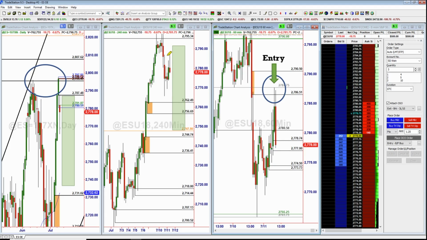There was also a wick high on both higher time frames, a 240 and a 60-minute. And just like this high got taken out with this move up, this high, this pivot high, right in there, was getting taken out as well.